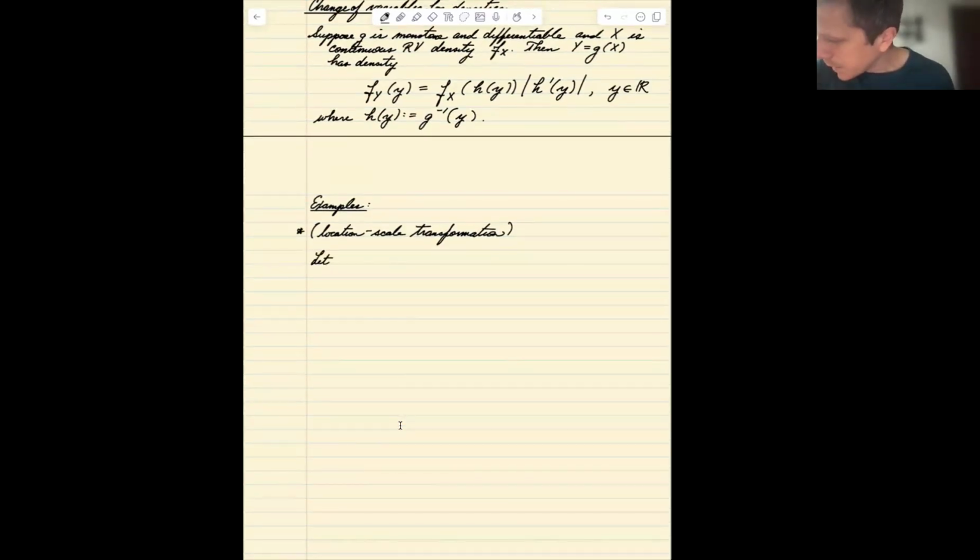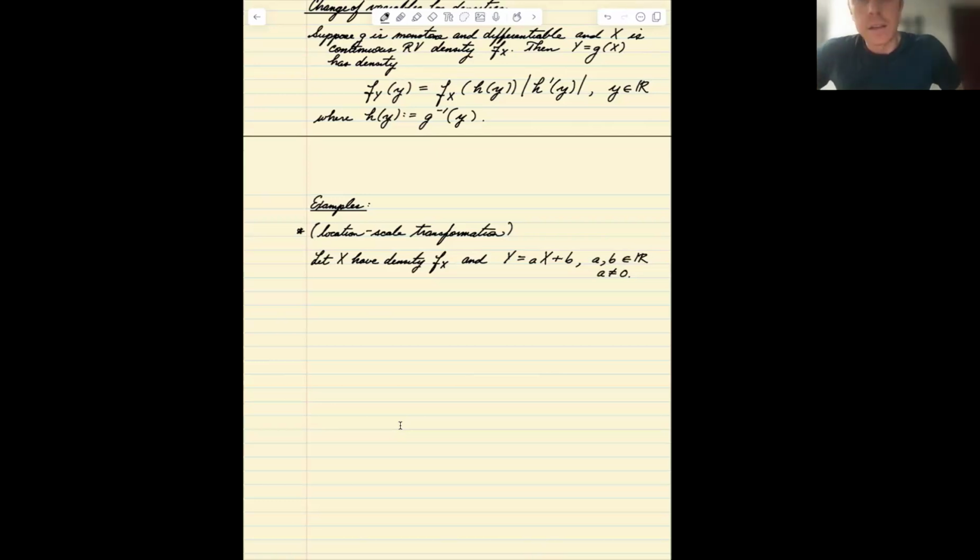X is going to have a density f sub X, and Y is going to be defined as the transformation AX plus B for constants A and B, and A not equal to 0. If A is 0, then we're multiplying X by 0. We're just getting a constant back.